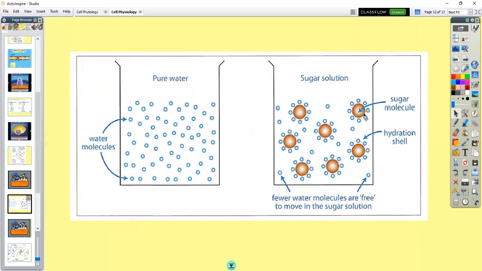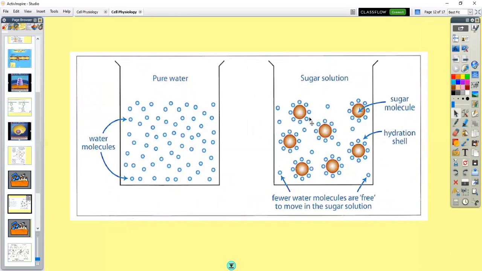Okay, and it forms something called hydration shells. You can see those little water molecules are attracted to that sugar, forming those hydration shells around it, which may cause the sugar to dissolve, but it means that there's less free water molecules to move.